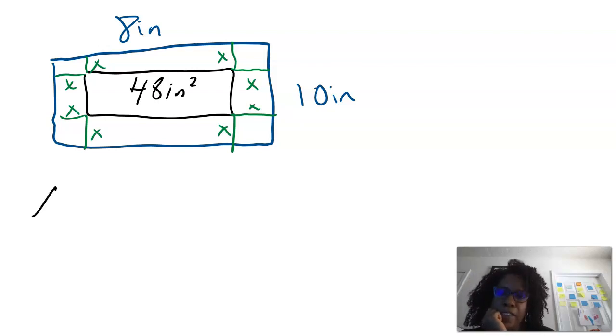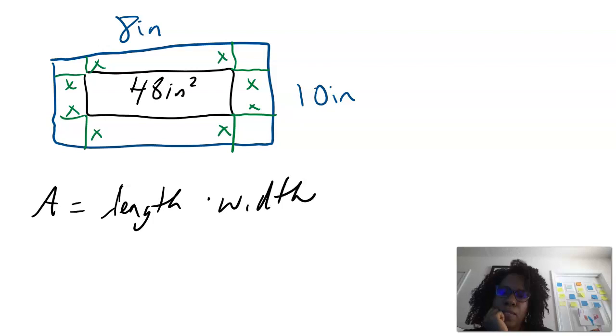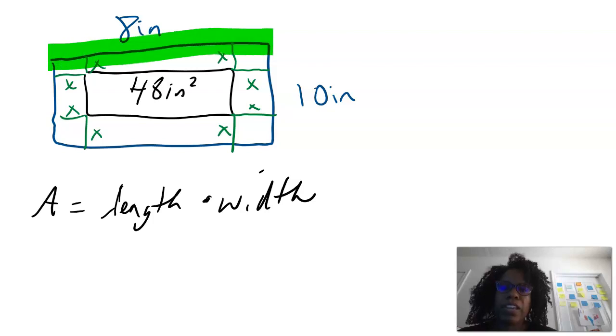We know that the area of a rectangle is length times width, right? Well, how long is this rectangle for our picture frame? I'm going to highlight some pieces. From here to here is 8 inches.